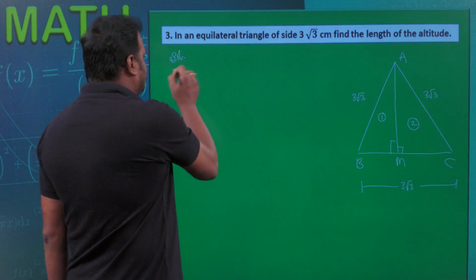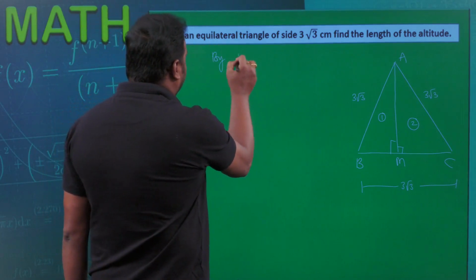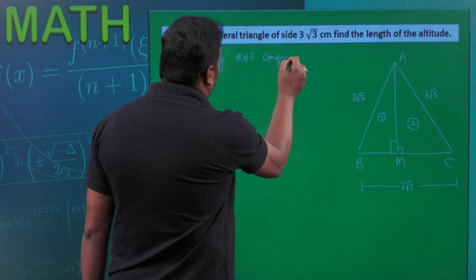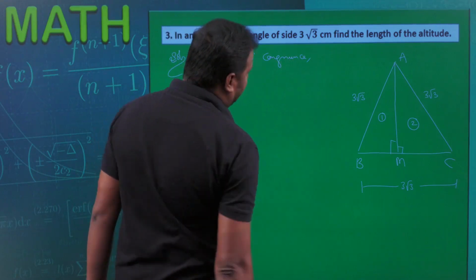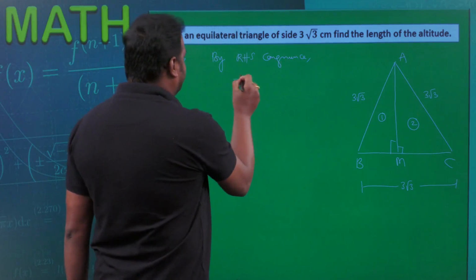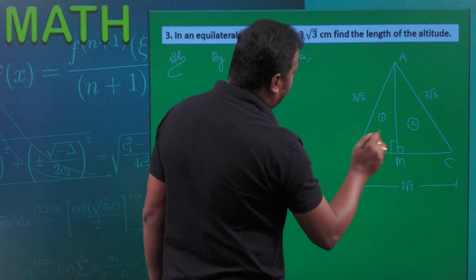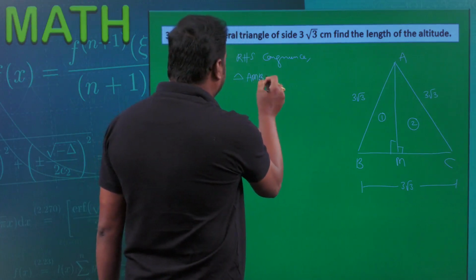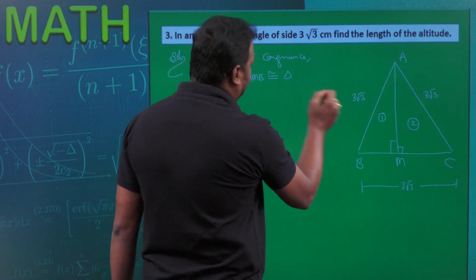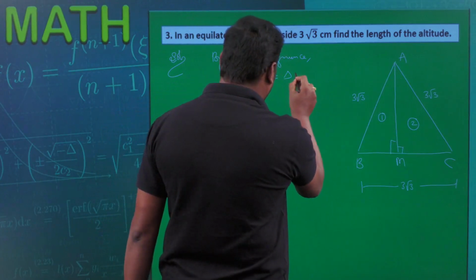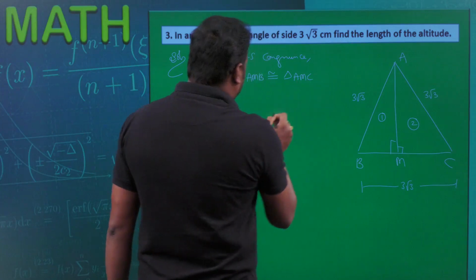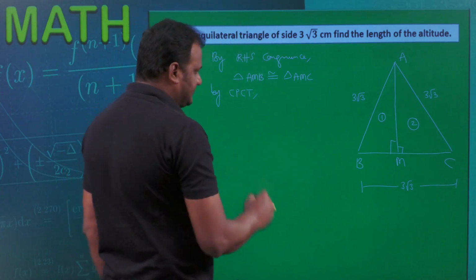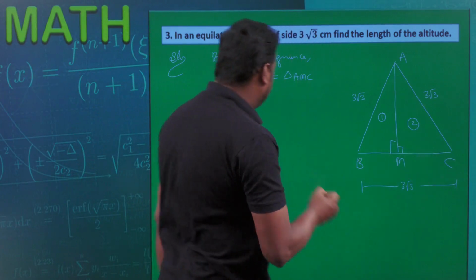So, by RHS congruence, triangle AMB is congruent to triangle AMC. So by CPCT, we can say that BM is equal to MC.